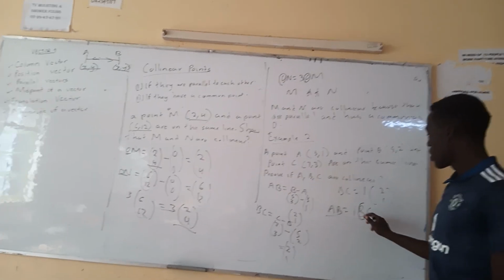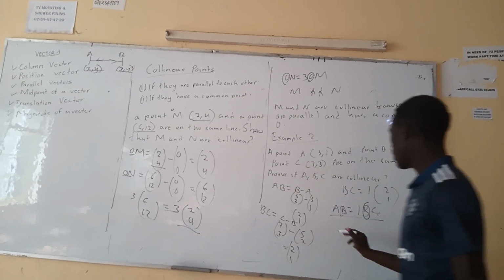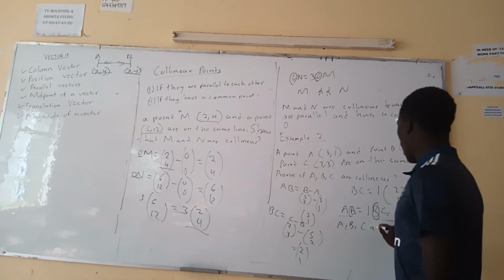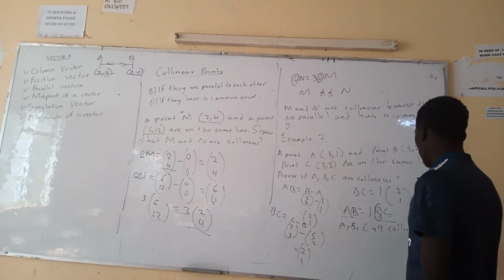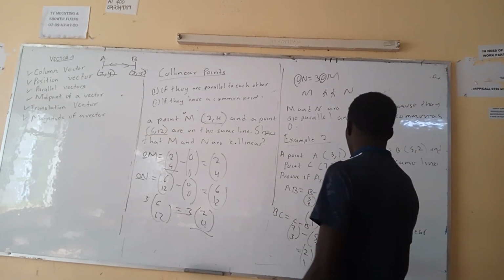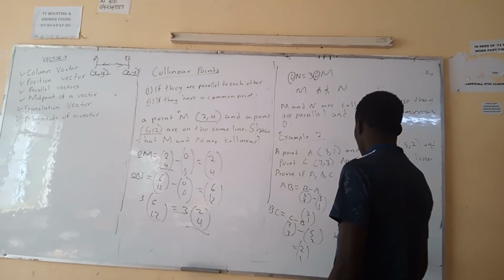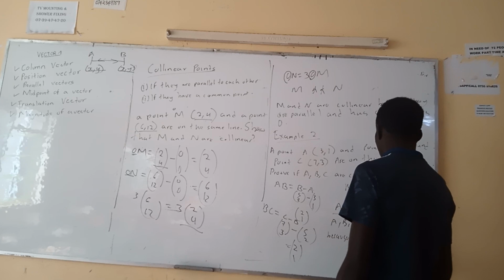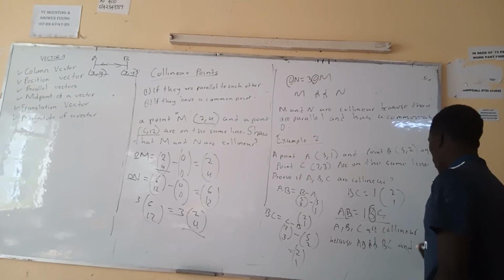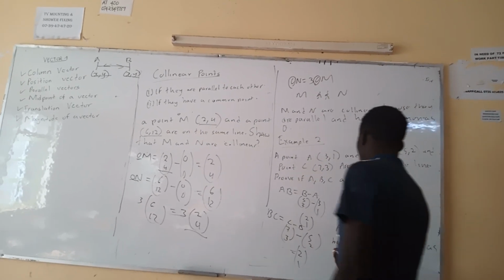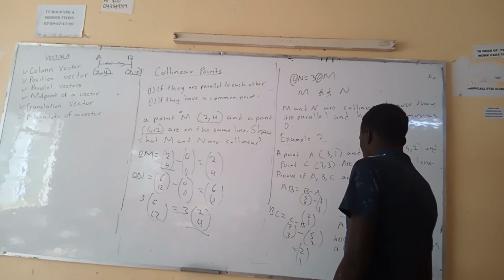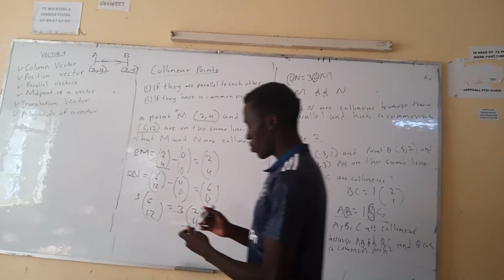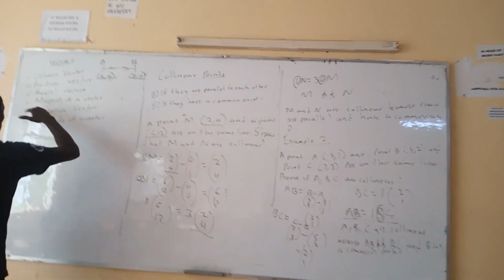The common point is B. So I'll say points A, B, C are collinear because AB is parallel to BC and B is a common point.